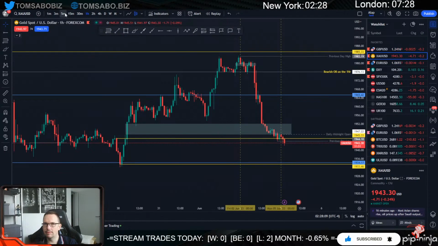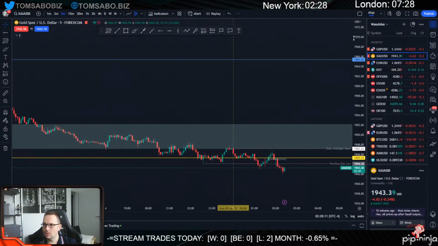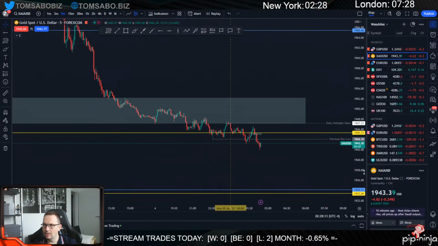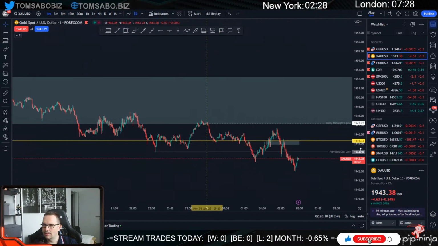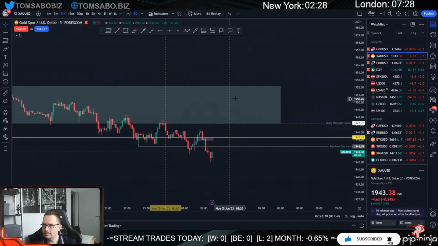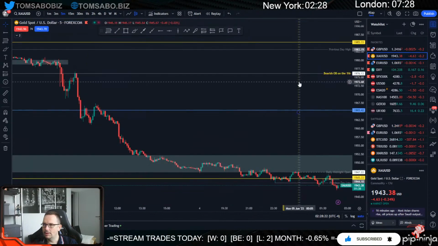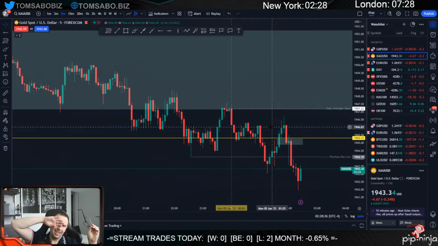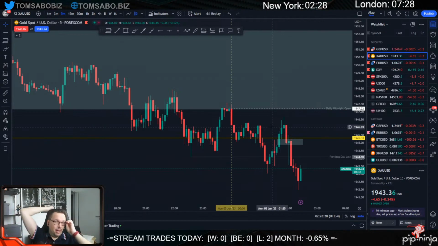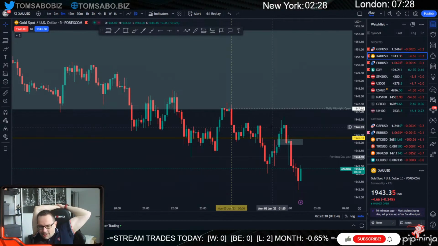I'm definitely looking for bullish setups, especially if I go intraday on a 5 minute maybe. I'm not sure I want to go down to the 1 minute because there's nothing. But I will be looking for long setups for sure.